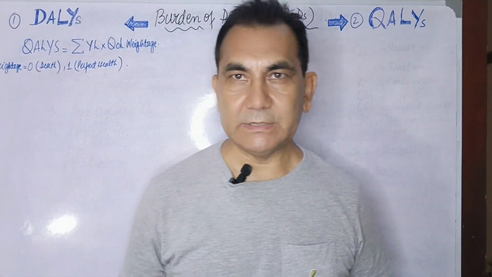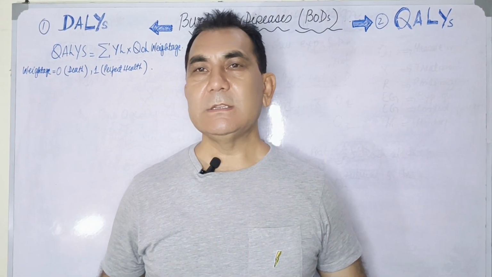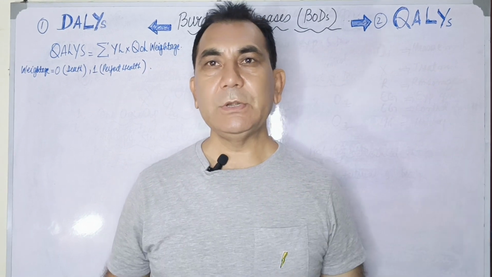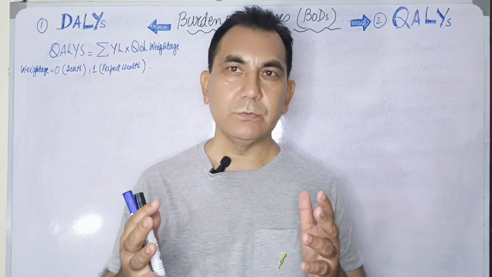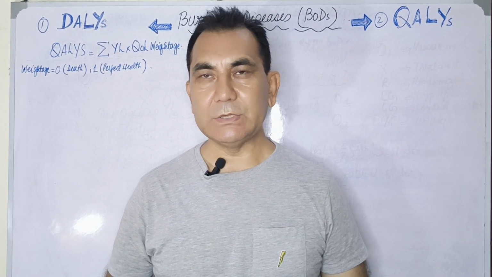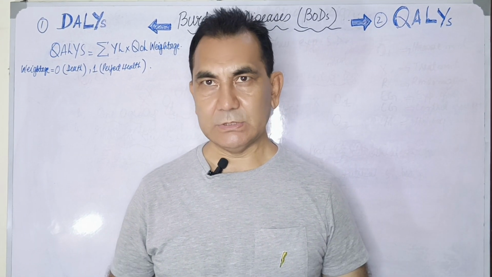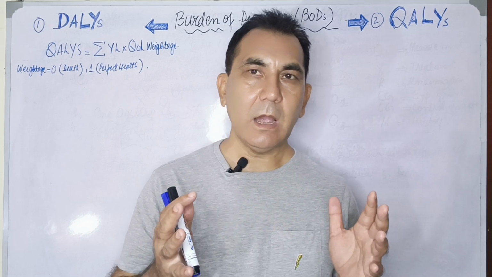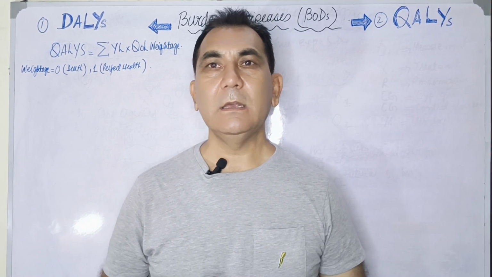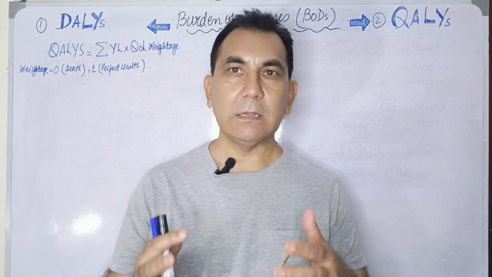Now what is QALYs? QALYs is another measurement tool which is used to measure the burden of disease, but actually it is used in health economics to measure the outcome of any health intervention or health program.